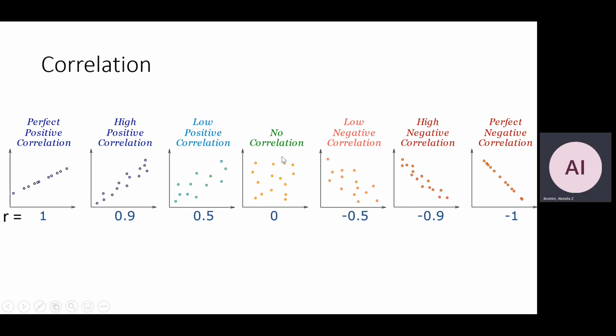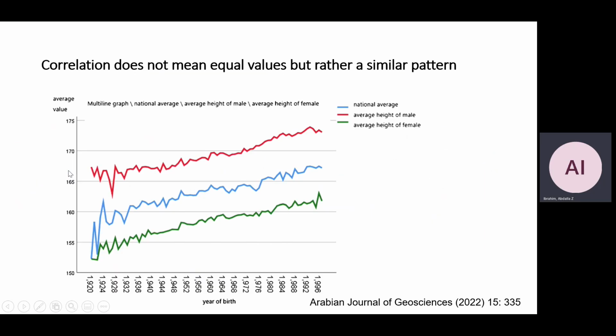When we say that two variables are correlated, it does not mean that they have equal values. The values are actually different, but the trend or pattern is similar. For example, these are the years, and this is human height over the years. There's a trend: the female height, the male height, and the national average.